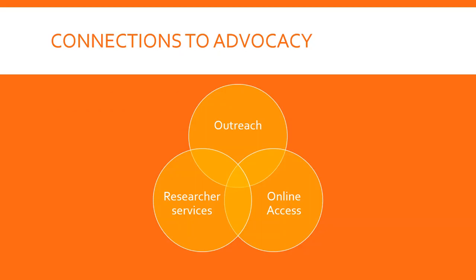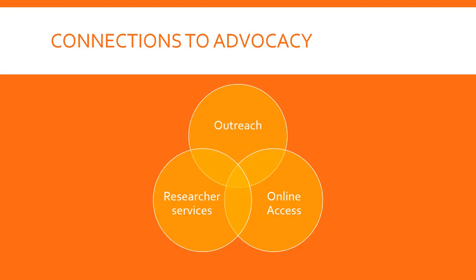All three should involve evaluation. So you should evaluate how well your outreach is doing, how well you are meeting the targets that you've set, how well you're reaching out to the people that you've identified as priorities for your outreach. We've talked about the importance of evaluating researcher services through things like researcher surveys to make sure that those are being implemented in a way that supports researchers and researcher needs.